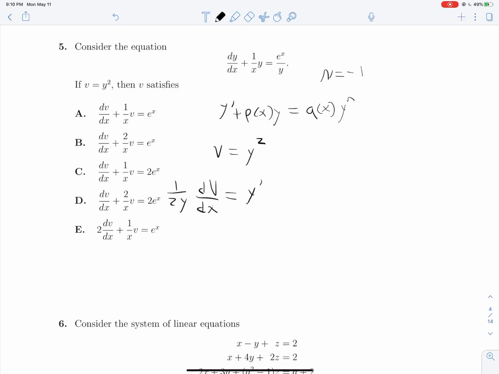But in the end, if you just want to memorize this equation, after all of our substitutions, we get 1 over 1 minus n times v prime plus p of x v is equal to q of x. And that's actually pretty easy to remember right there. So this 1 over 1 minus n will give us 1/2. I'll replace this with dv dx.